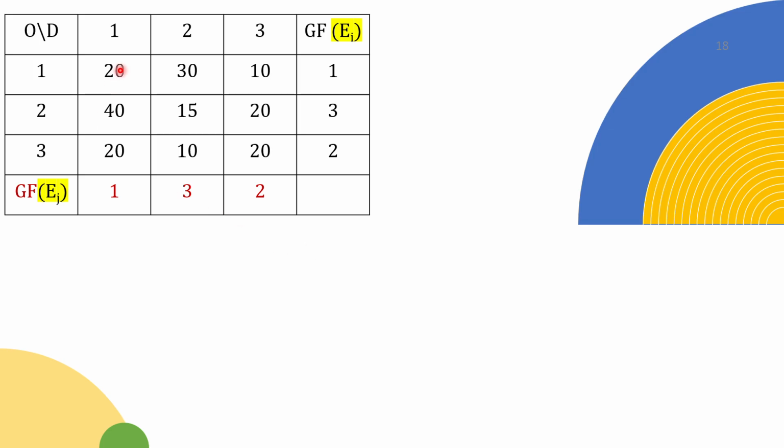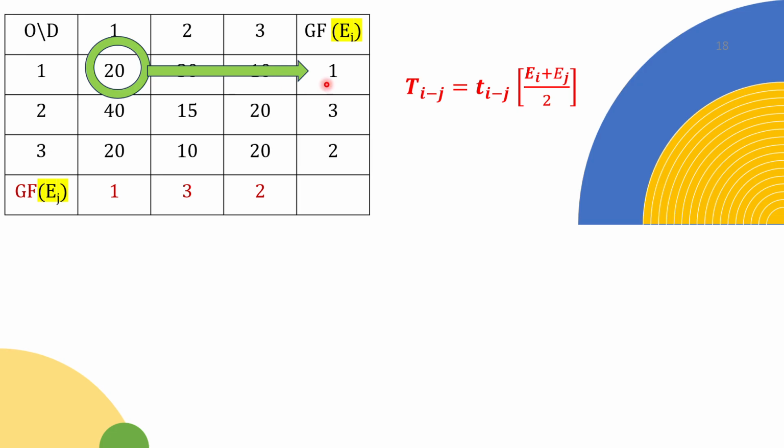Now we are going to multiply each term with the average of the growth factors. So this is our basic equation. For T11, which is trips from zone 1 to zone 1, which is 20, that is 20 into (1 plus 1) by 2, which is again 20.